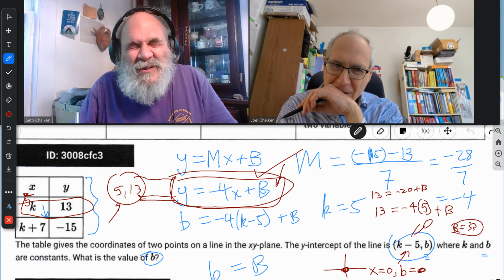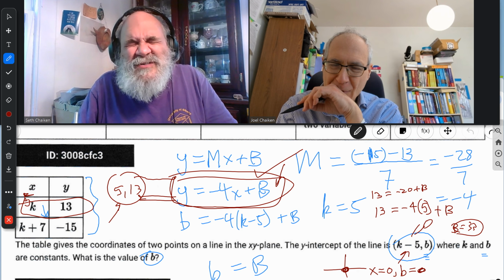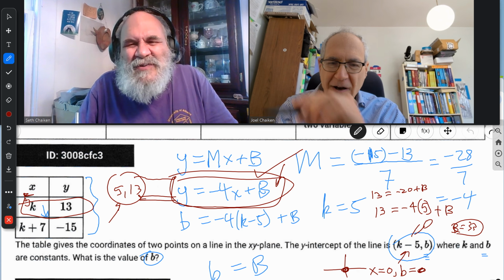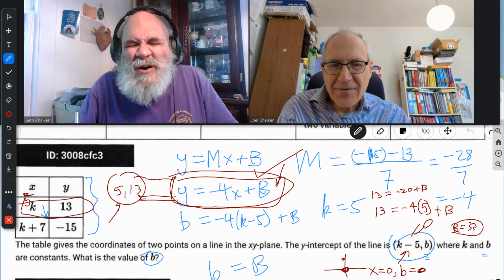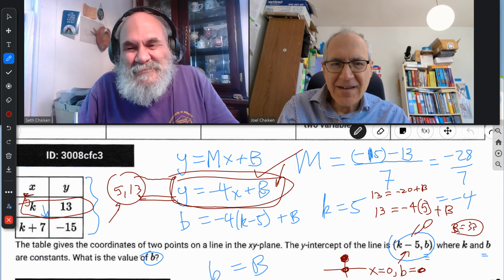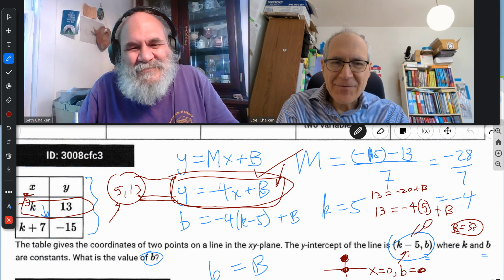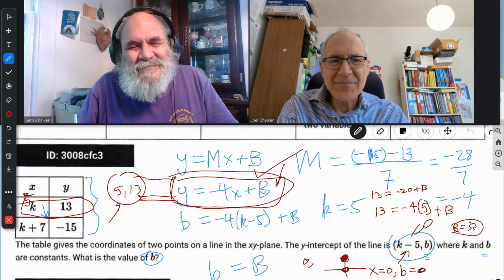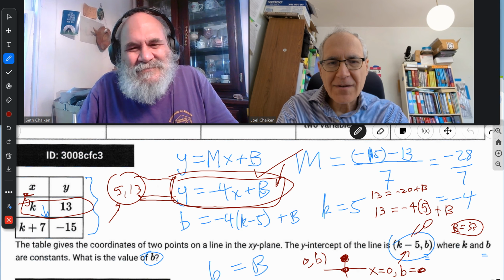What is it, Seth? The point is not on the origin. The y-intercept is not necessarily the origin. We know the y-intercept is 0, comma b. That is the y-intercept. Right?